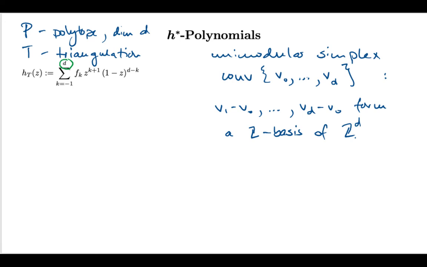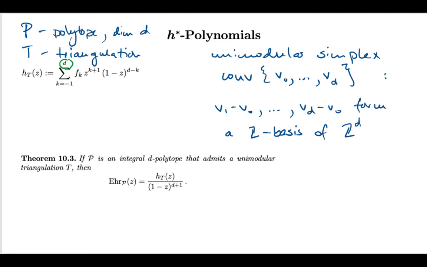The standard simplex, if you take the convex hull of the origin and the d unit vectors, is an example. And one way to think of unimodular simplices is to take the standard simplex and then consider a unimodular image of that.